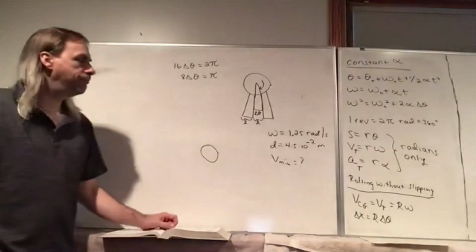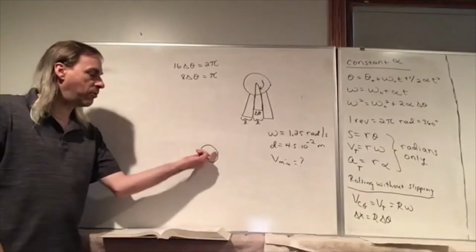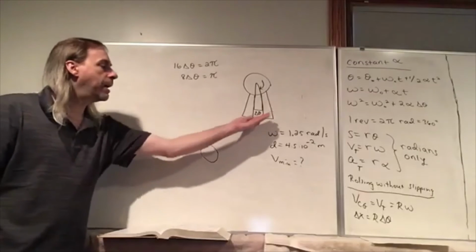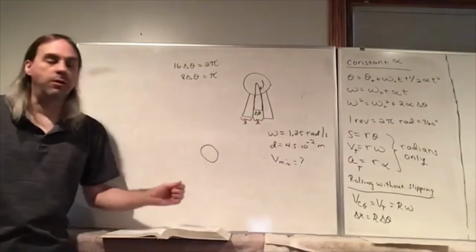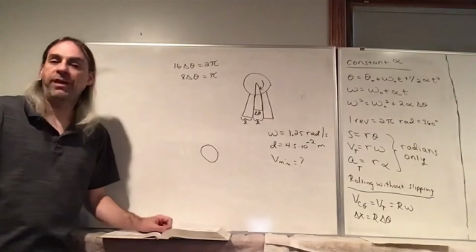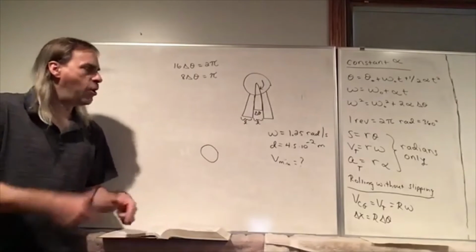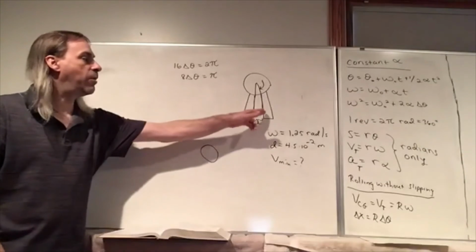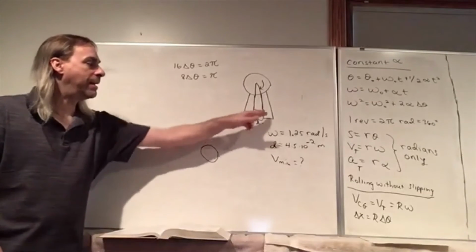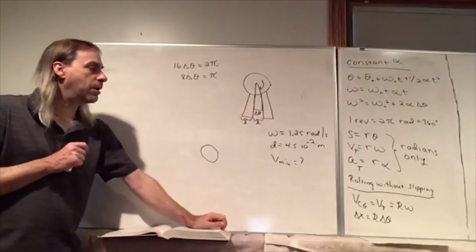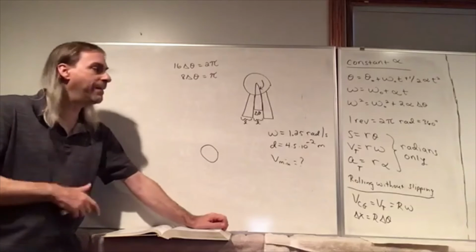But I'm assuming that because this cross-section keeps shrinking as it passes through, by the time the blade hits it, it'll be gone. But it has to pass through this gap fast enough. So I hope that point makes sense: we're going to look at the rotation of the blade, see how long it takes to go through that angle delta theta, and we can disregard the diameter of the ball in this case.